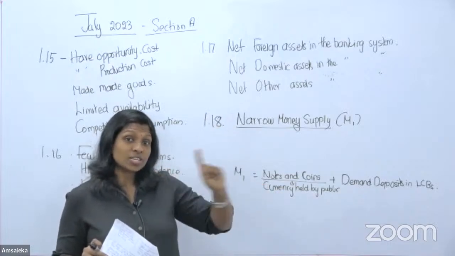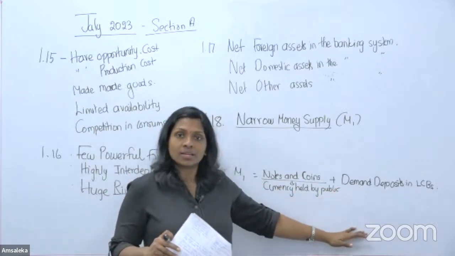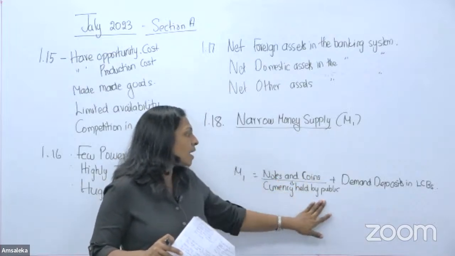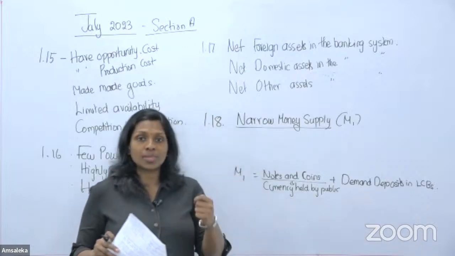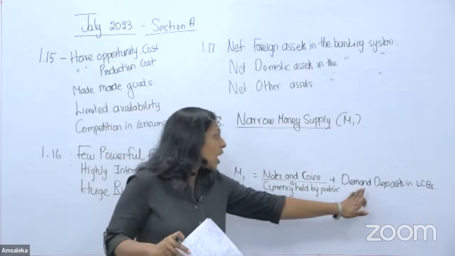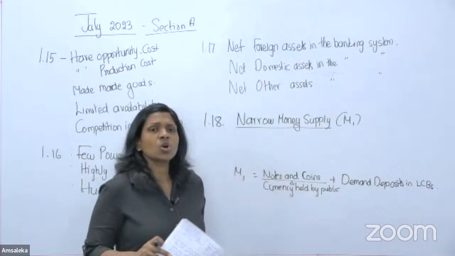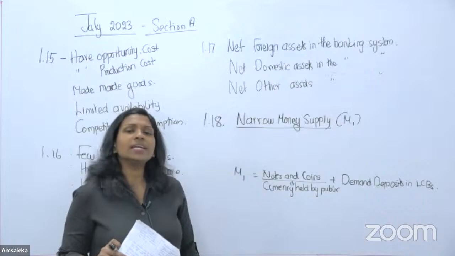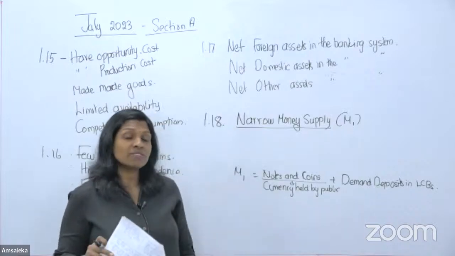Those dealing in international trade will use foreign currency, right? But here it is notes and coins, currency held by the public, and demand deposit, which is the current account. So current account and notes and coins. What is the motive of holding money and doing the demand deposit? There are 3 motives we studied.